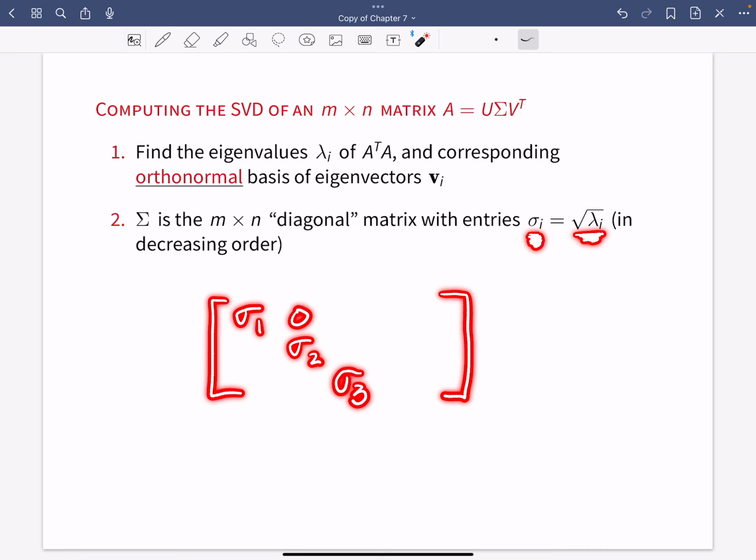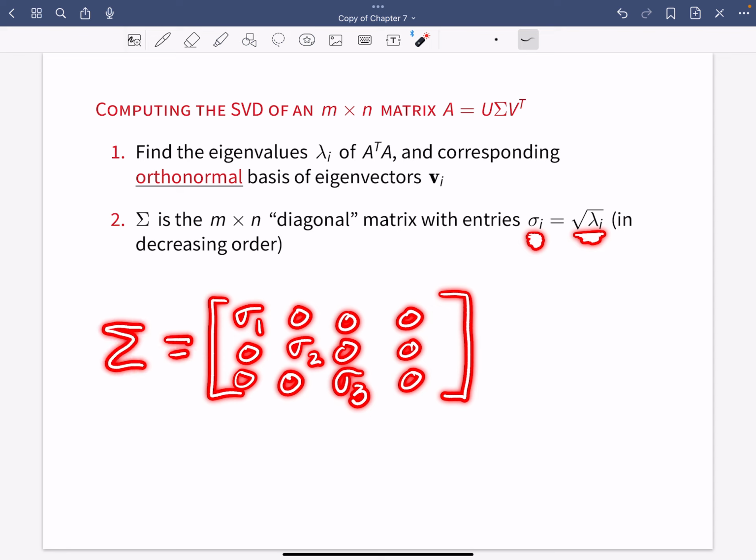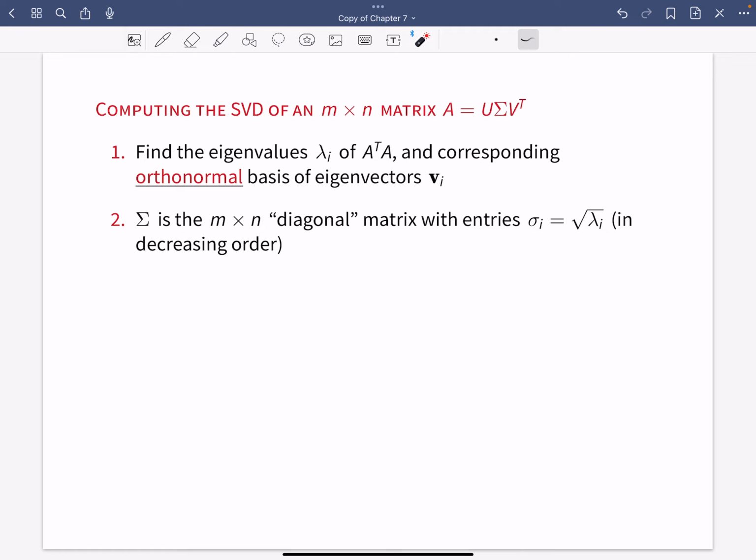Okay? And you put zeros everywhere else. And the shape of your sigma matrix is just going to be determined by the shape of the original matrix A. So write down a matrix that's the same shape as A with all zeros, and then just start plugging your singular values in along the diagonal. So that tells you what sigma is.